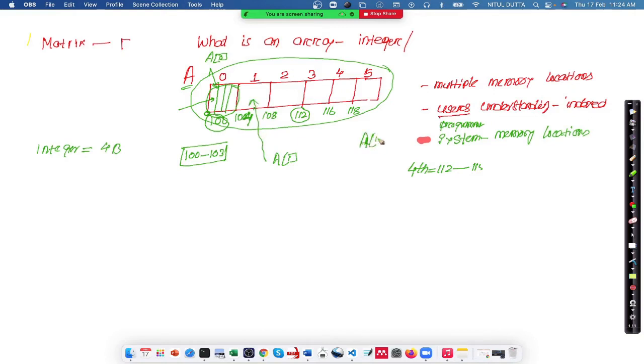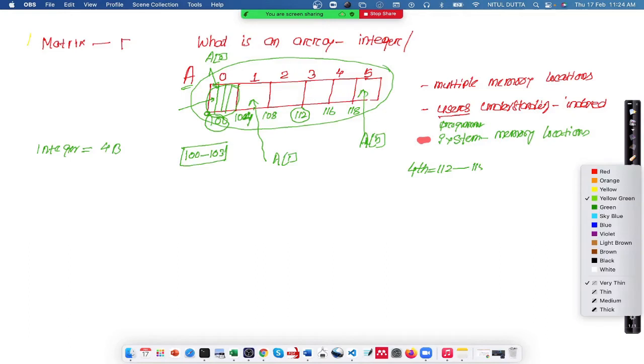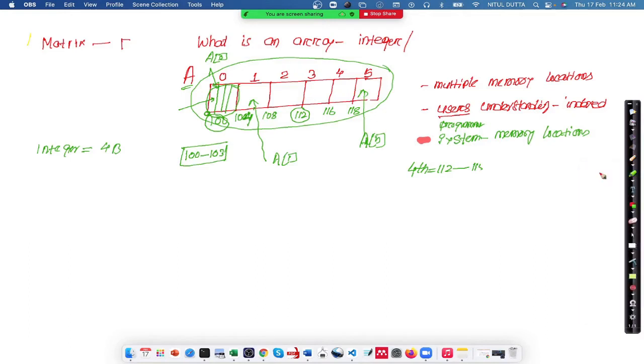Now let us say we have this array in a programming language like C, since we are discussing arrays which could be implemented in C. First of all, in the program, I write a statement like integer a[5].